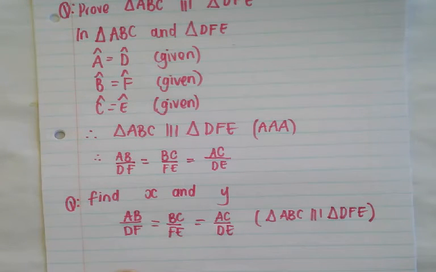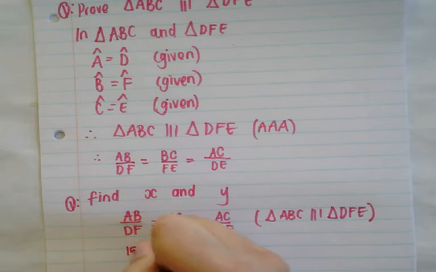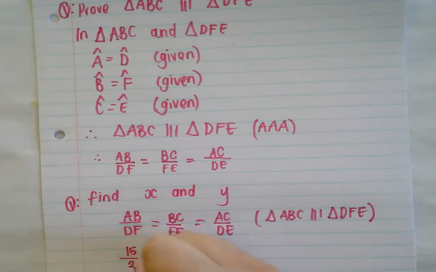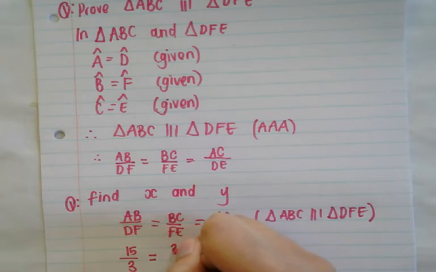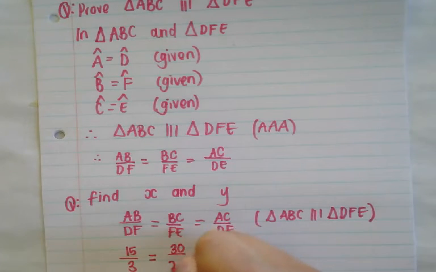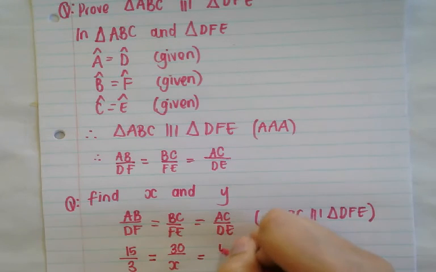And all I need to do now is substitute in the lengths that are given to me. So AB is 15, DF is 3, BC is 30, FE is x, AC is y, and DE is 4.